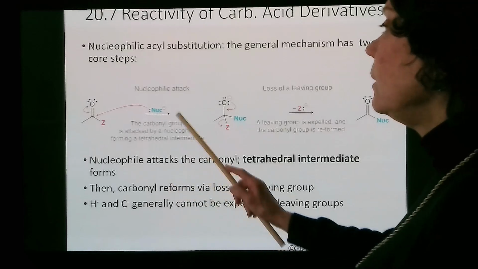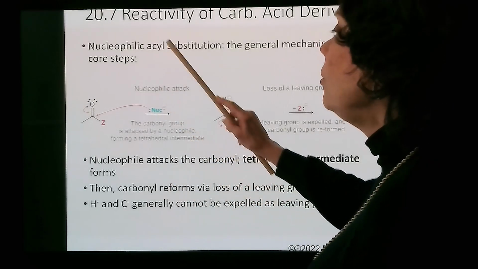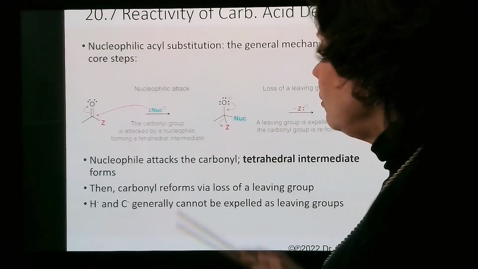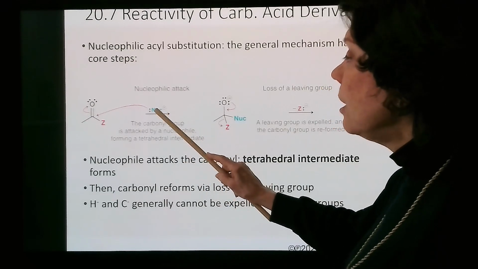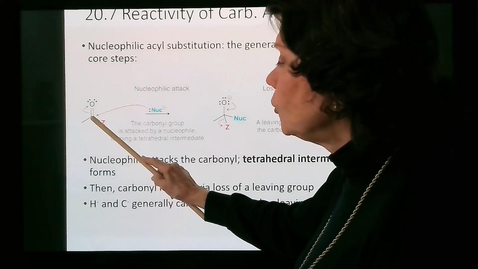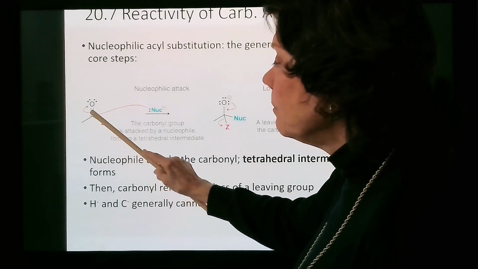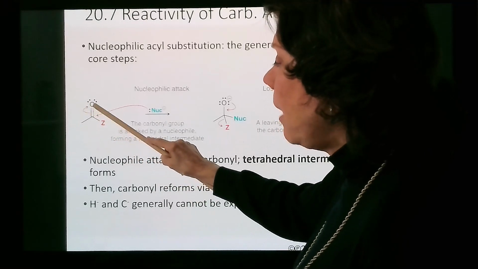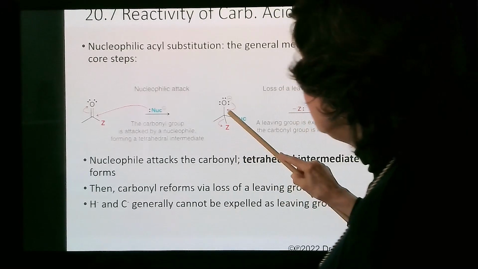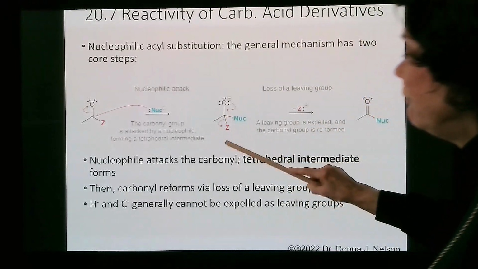So here we see what is happening. This is called nucleophilic acyl substitution. There are two steps here. Notice that the first step is the nucleophile comes in and populates the antibonding orbital. The pair of electrons in the pi bond moves out onto oxygen, and you have formed this new bond to the nucleophile.